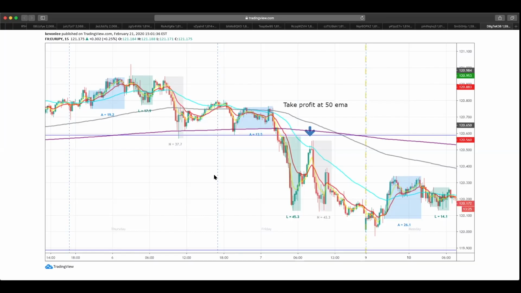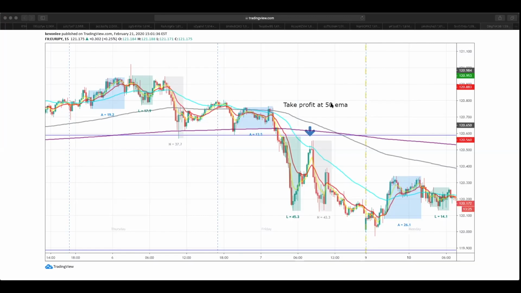So pins to the 50 EMA is better than take profit at the 50 EMA, right? Now, why do we say that taking pins to the 50 is better than take profit at the 50? Because of what? Because you don't have a pattern to trade London up.